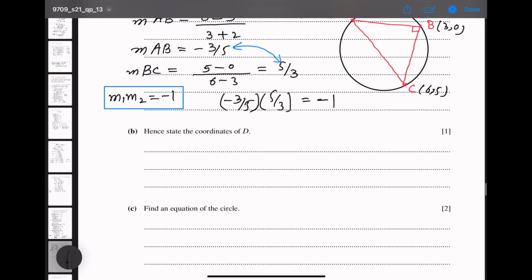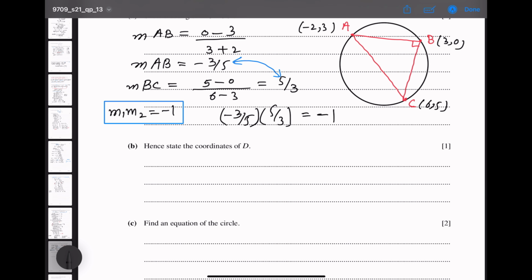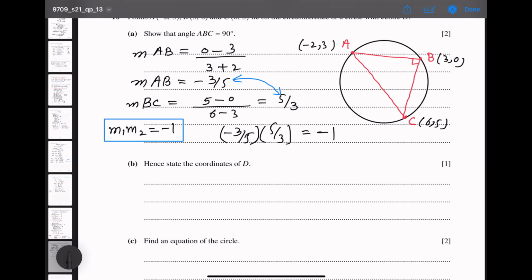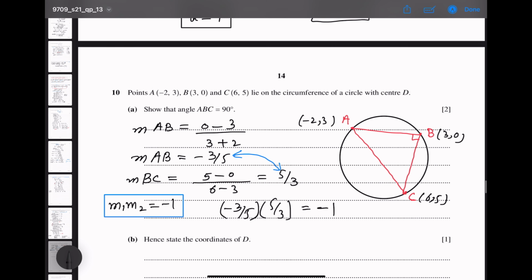Now state the coordinate of D. D is the center of a circle. Now using the property of a circle, if the angle at the circumference is 90 degrees, then AC must be the diameter of the circle.